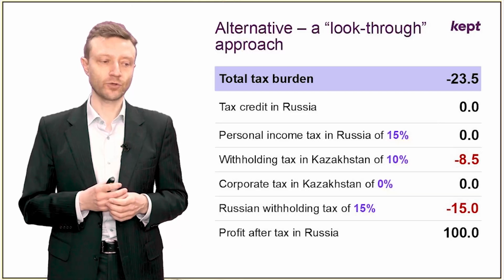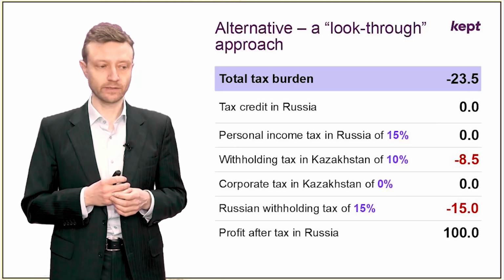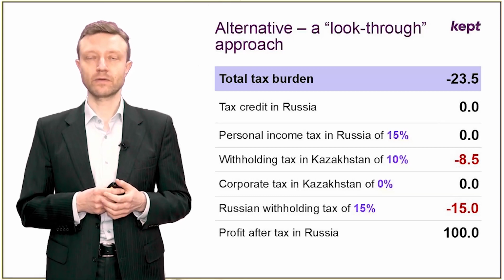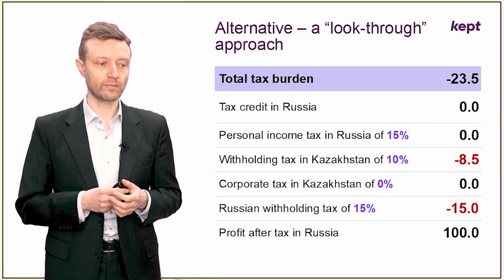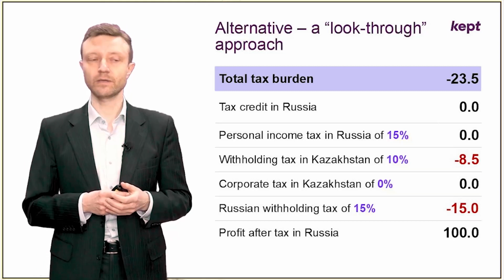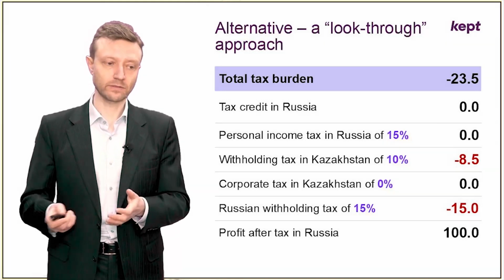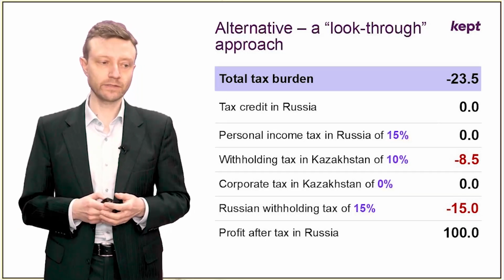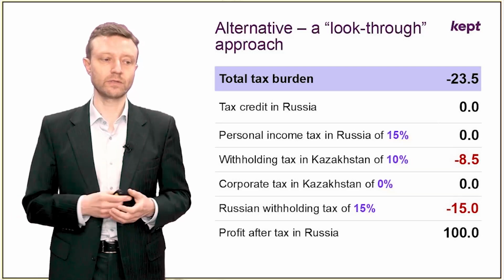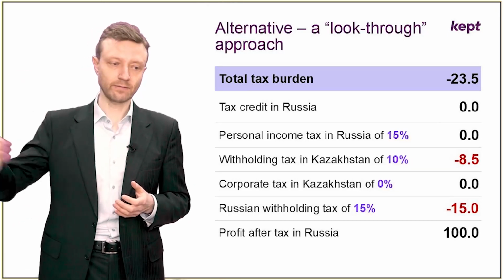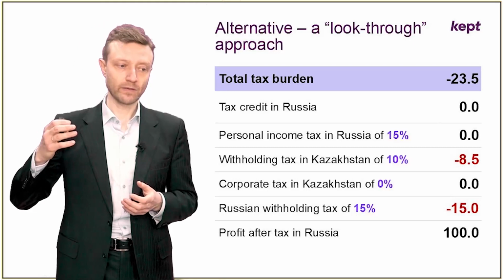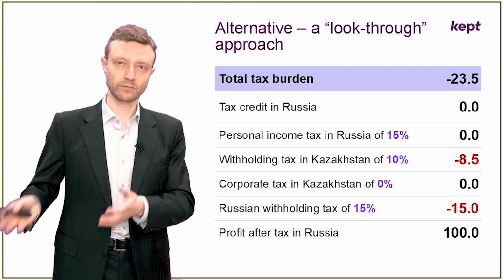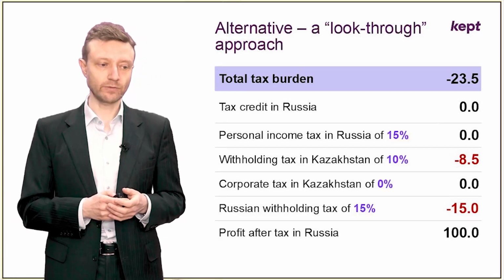Okay, so now the second part of the business, Kazakhstan. Again, let's assume that profits in Kazakhstan after tax are 100, and these profits are distributed to the holding company. There is no withholding and income tax in Kazakhstan relating to domestic dividends. This is why 0 units are paid at the level of the holding company. But when the holding company distributes dividends, the same 10% withholding tax applies based on the Russia-Kazakhstan double tax treaty.